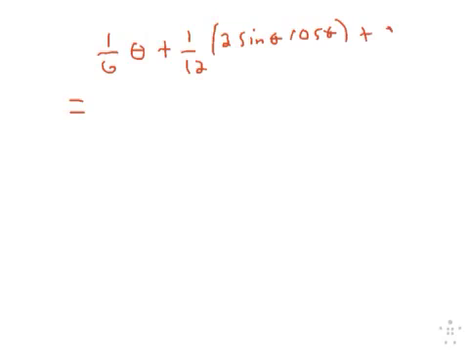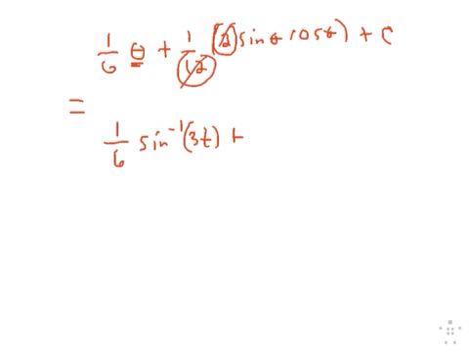So after all that sweat equity, I remind you, we had 1/6 theta plus 1/12 times 2 sine theta cos theta, plus c. So that's going to lead us to 1/6, again replacing theta with inverse sine of 3t, plus, and then 2/12 is going to cancel down to 1/6.